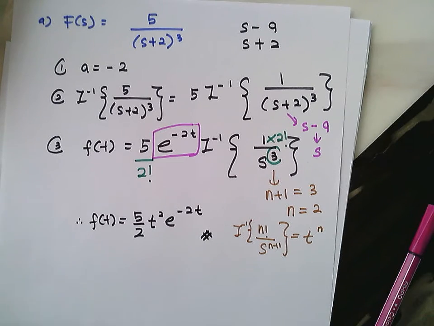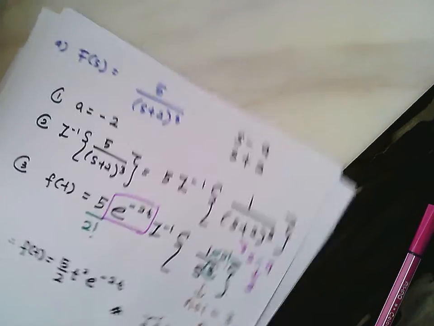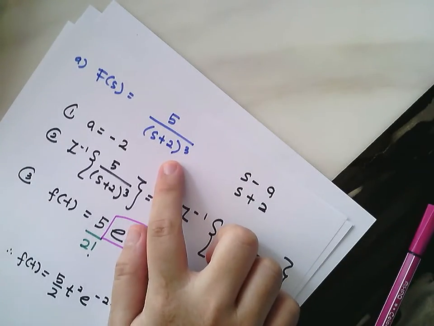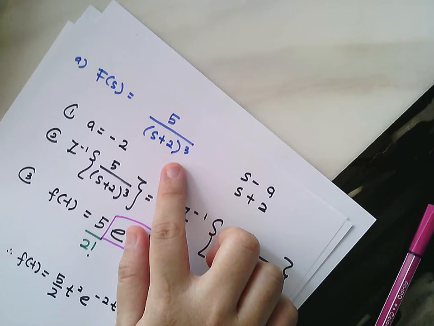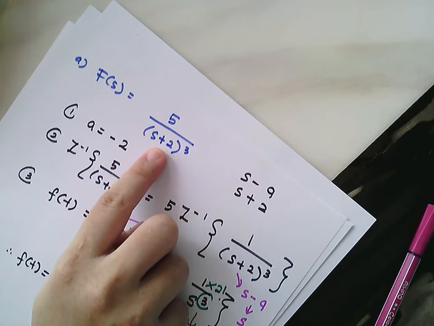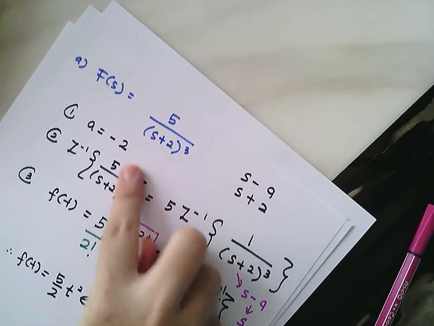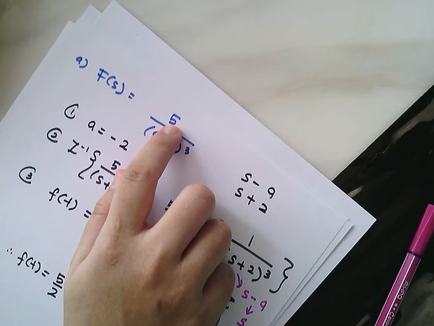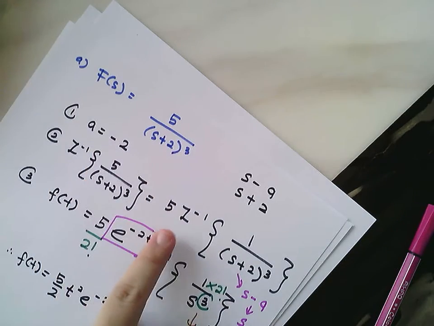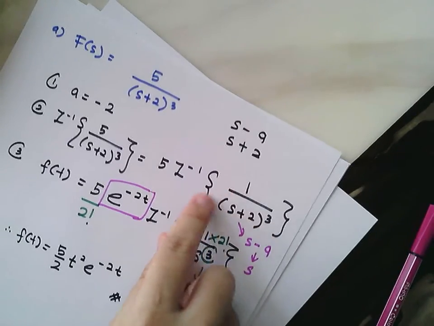Okay, so let's just recall back. The first thing first, you know that you cannot get this one directly from the table. So that's why you need to apply properties of inverse Laplace transform. Linearity properties does not work here for you to get directly from the table. Linearity properties just work for you to factorize 5. If you just factorize 5, you still cannot get this one from the table.